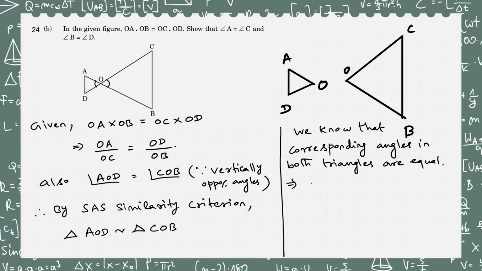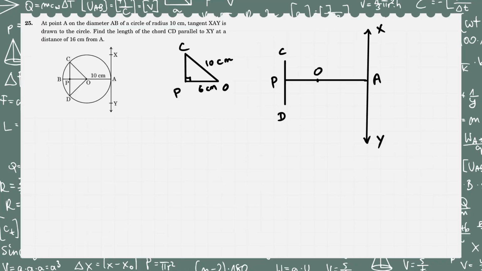So, that implies angle at A is equal to angle at C, because A and C are in the correct positions, and angle at B and angle at D should be equal to each other because they are in the corresponding positions. So, that is what they are asking us to prove, right? That is already proved. So, that's the end of the sum. Let us move on to the next.